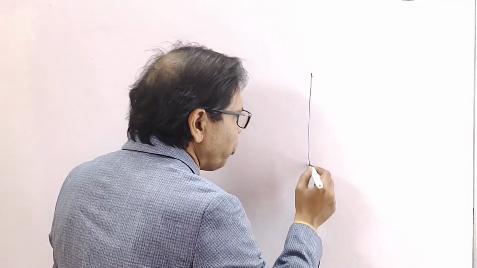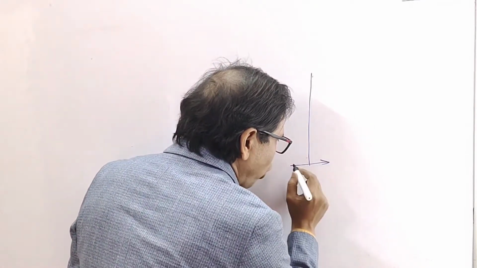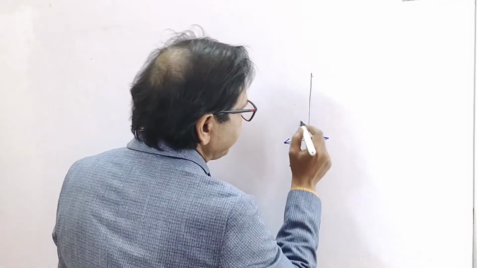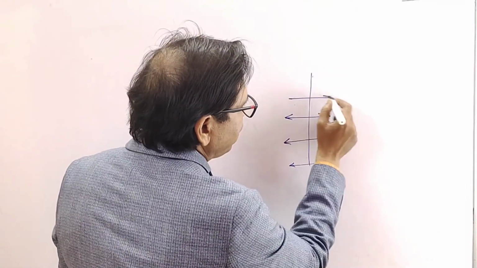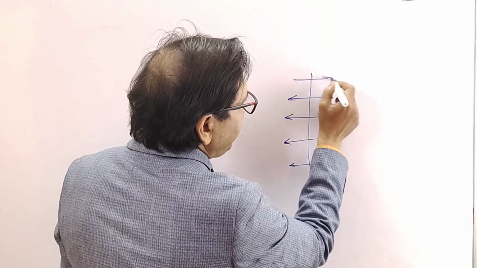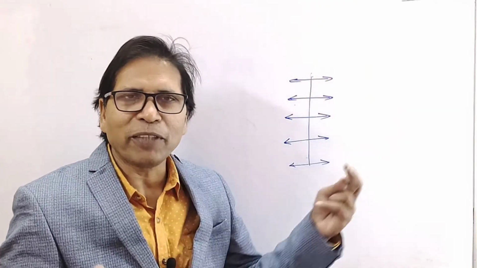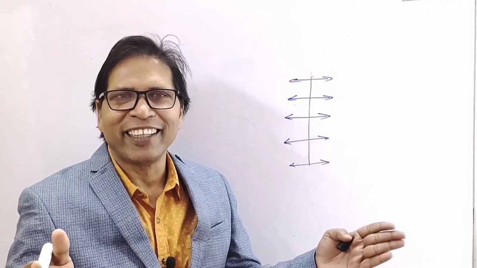Now the definition of surface tension. If an imaginary line is drawn on the surface of a liquid, then a force normal to the line drawn and tangent to the liquid surface acts. This force per unit length on either side of the line drawn is called surface tension.